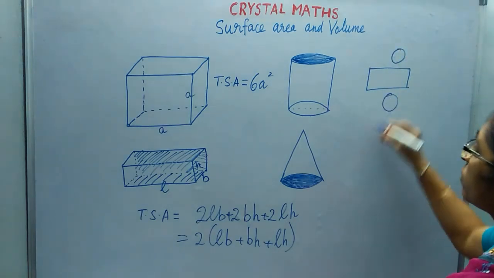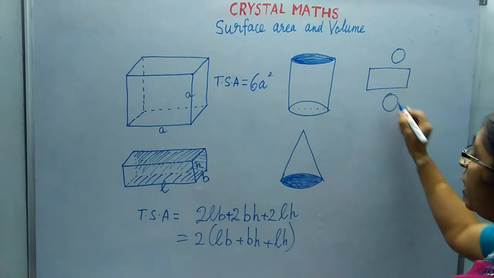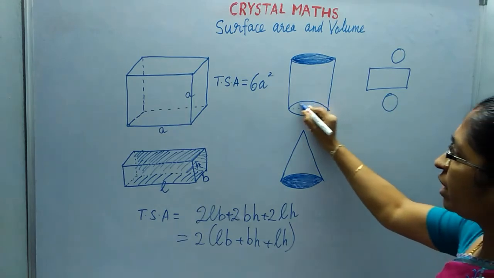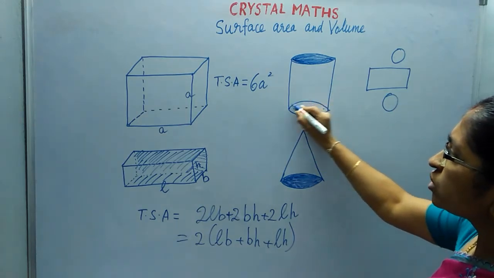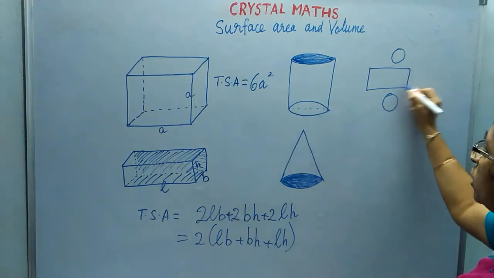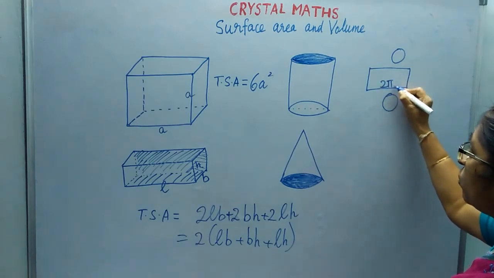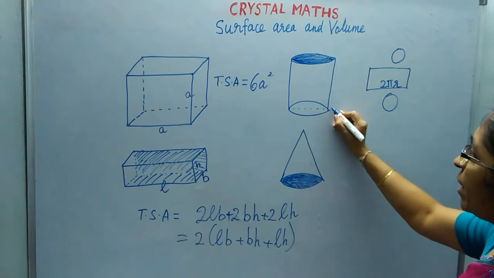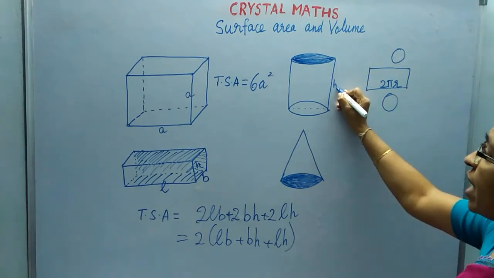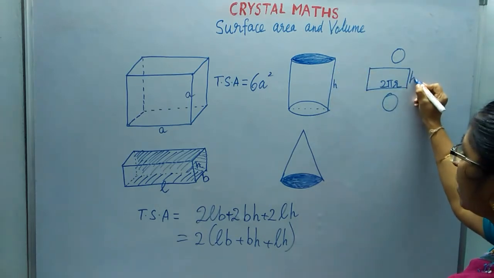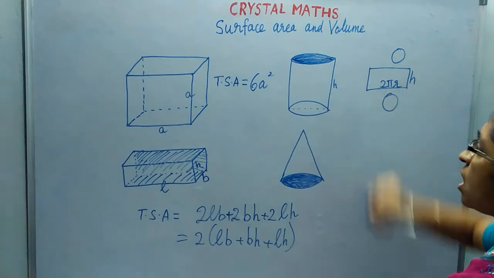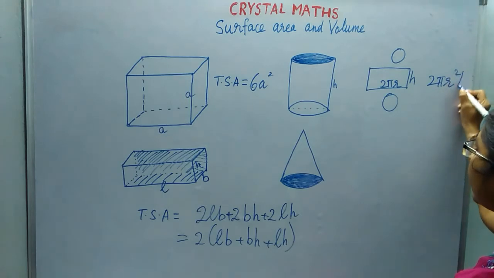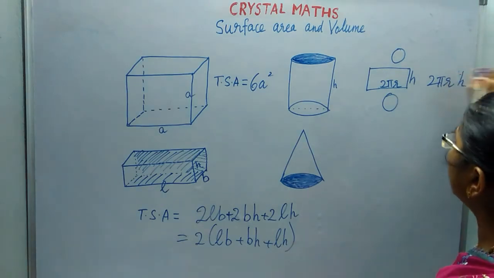The length of the rectangle is nothing but the circumference of the circle, which we take as 2 pi r. And this portion is the height of the cylinder. So the area of this portion is 2 pi r h.